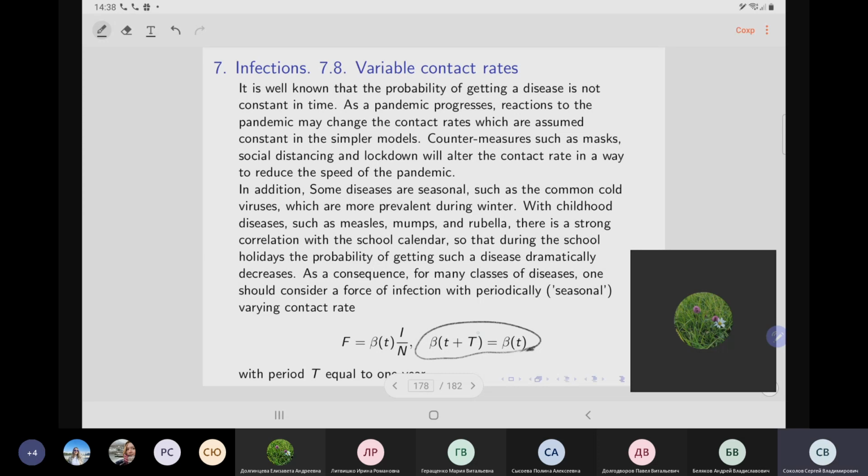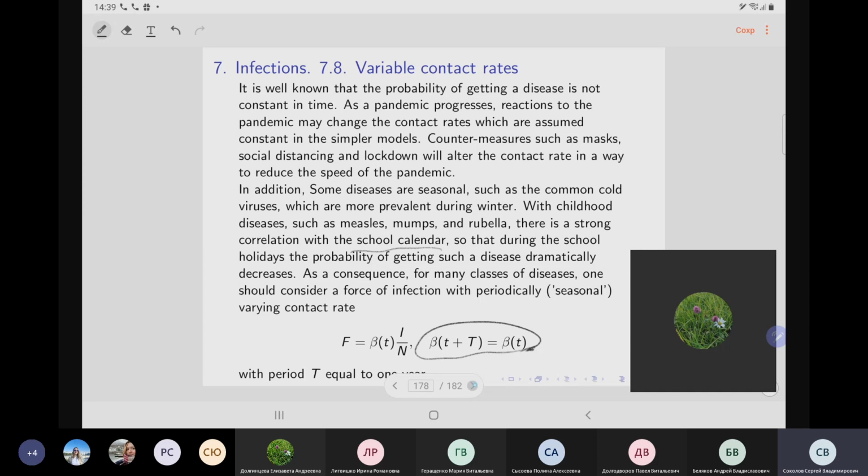And there are a lot of different diseases. Some of them correlate with the period of the year. Some of them, measles, mumps, rubella, I have no idea what these are, but they are mostly correlated with the school, because the children come back from vacations to school, and the epidemic starts.